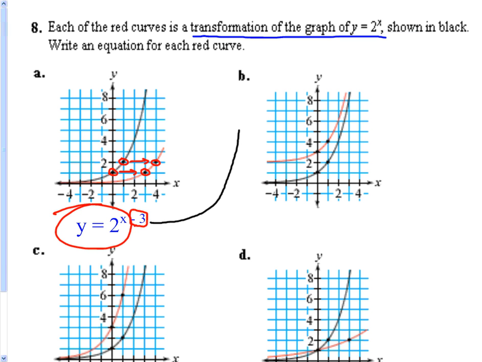Okay. This one, here's my two dots. The black one is the original, the parent one, and the red one is the new one. Now this is actually problems from your worksheet that I'm going to give you in just a minute. And the worksheets are always black and white. So how in the heck are you going to tell which one's red? Well, the one that is supposed to be black is the one that always goes through that spot right there.